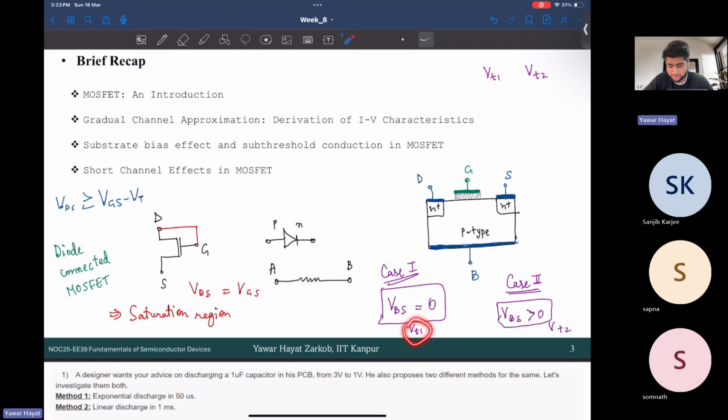Suppose the threshold voltage corresponding to this case is VT1. And then there is case 2, when you have substrate bias into the picture. In this case, your VBS is greater than 0. Suppose the threshold voltage corresponding to this case is VT2. Can you comment on the relative values of VT1 and VT2? Which one should be greater, and why?